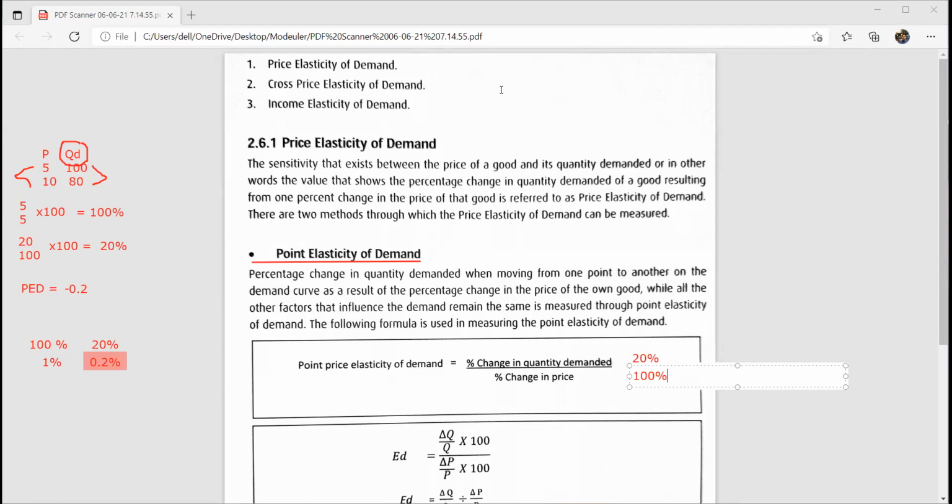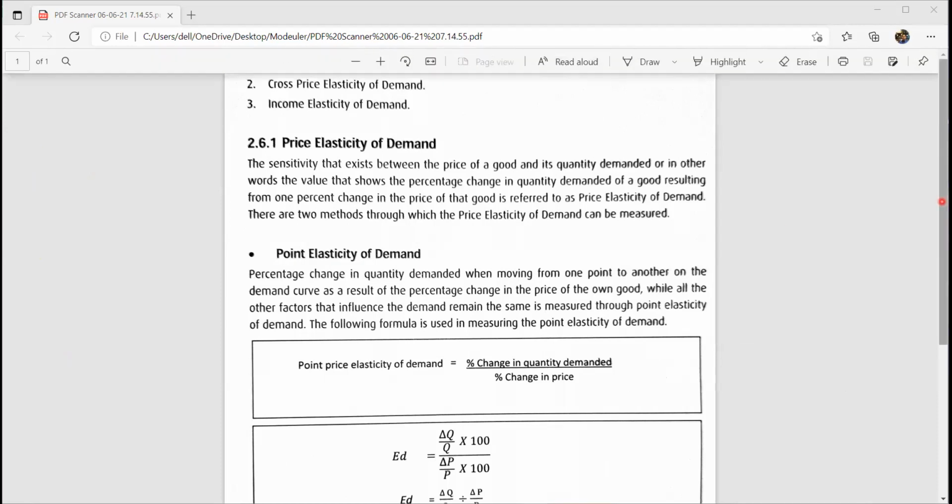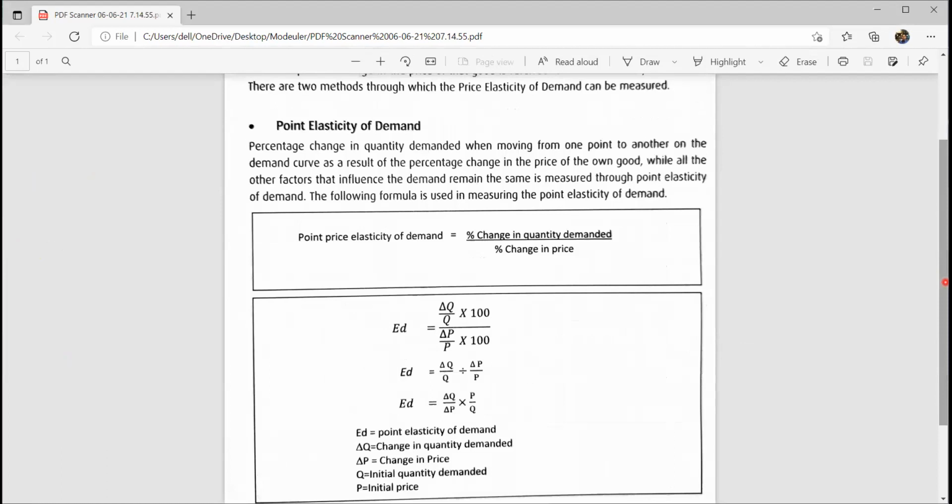Then we can use another formula as well. This is the next one.